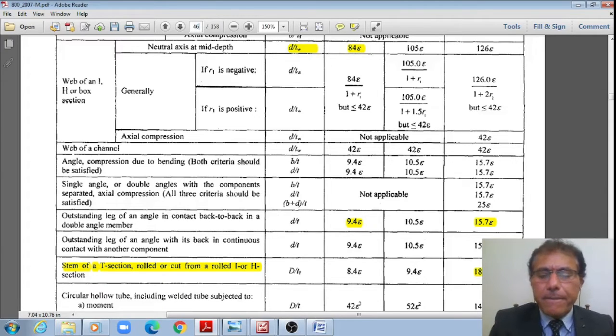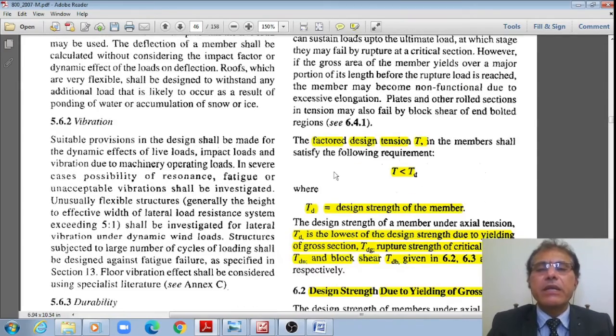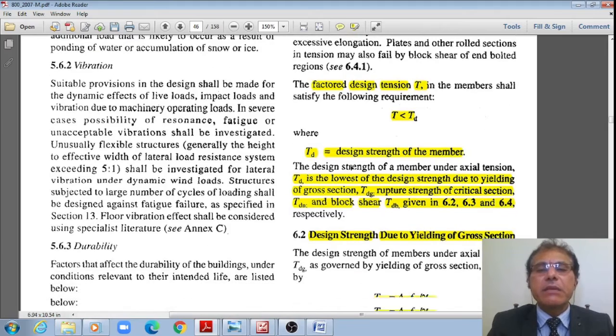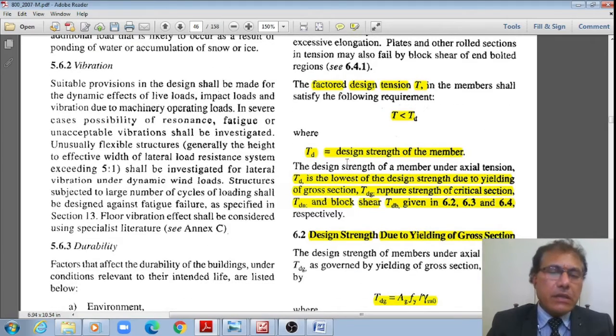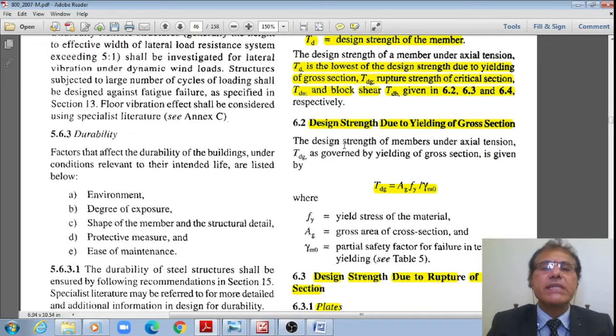Yes, design of tension members. The other day I have shown how to design the tension members in the same playlist. For elaborate designs, please go through these videos on the design of tension members.